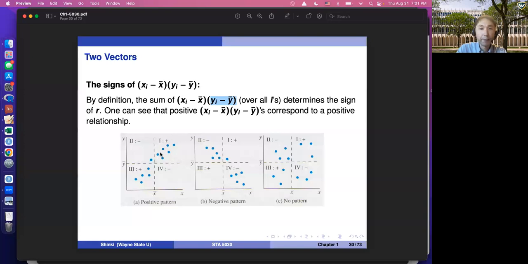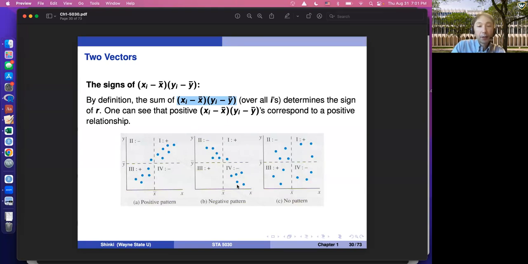In region 1, both factors are positive: xi is larger than x bar, and yi is larger than y bar. So positive. In region 3, xi minus x bar and yi minus y bar are both negative: xi is smaller than x bar, and yi is smaller than y bar. So we take the summation of this, but most of the elements are positive, so the summation is likely to be positive.